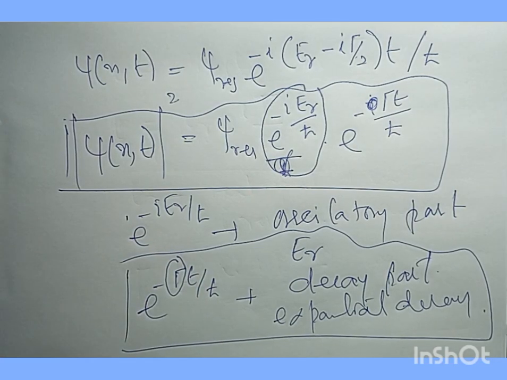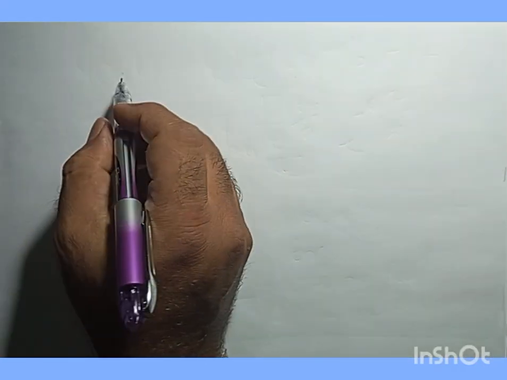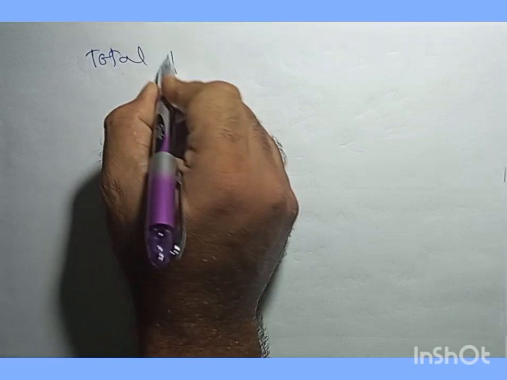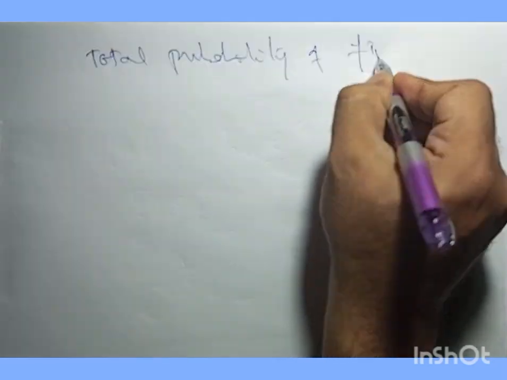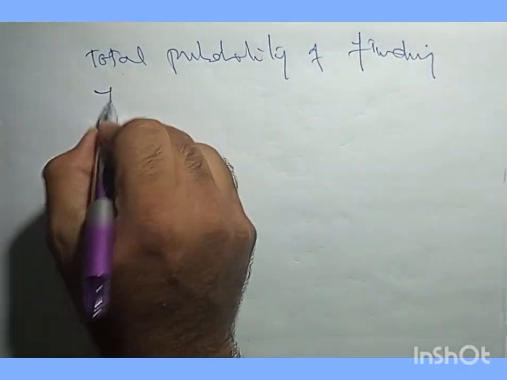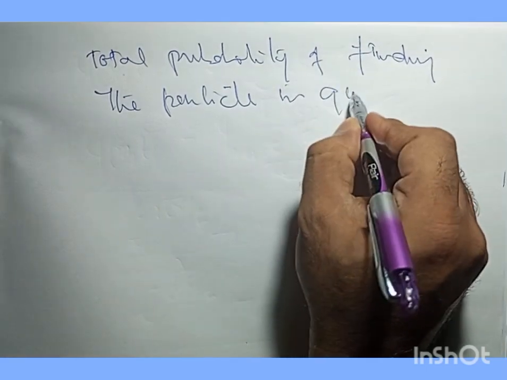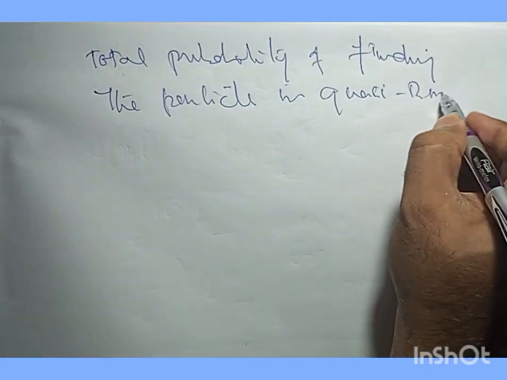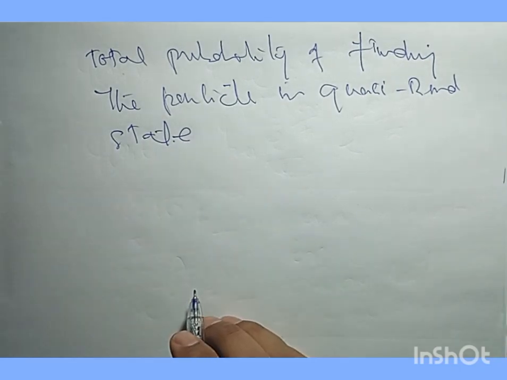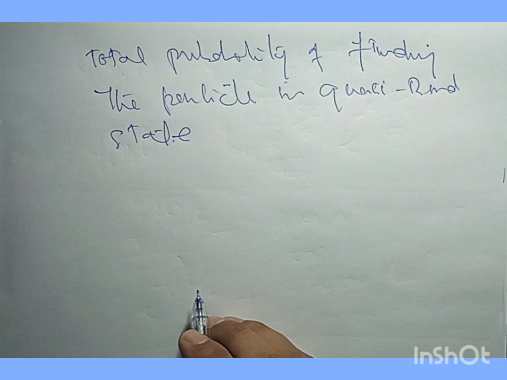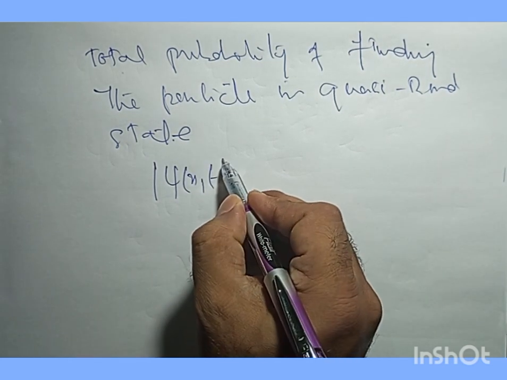So I think it's preferable to write down the total probability of finding the particle in the quasi-bound state, and that should basically be the mod square of my wave function.